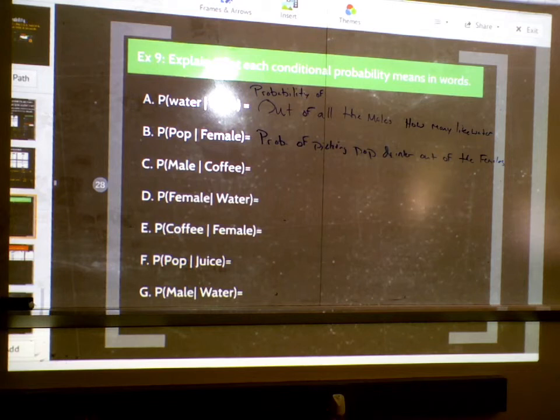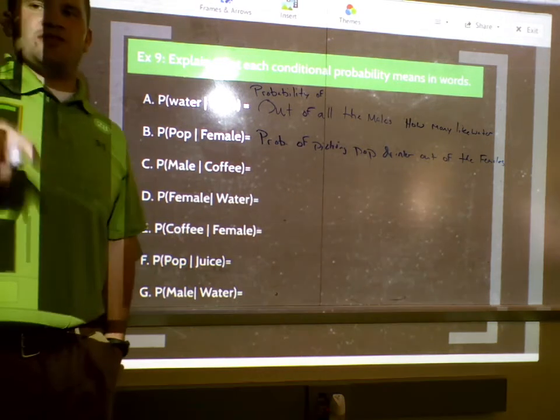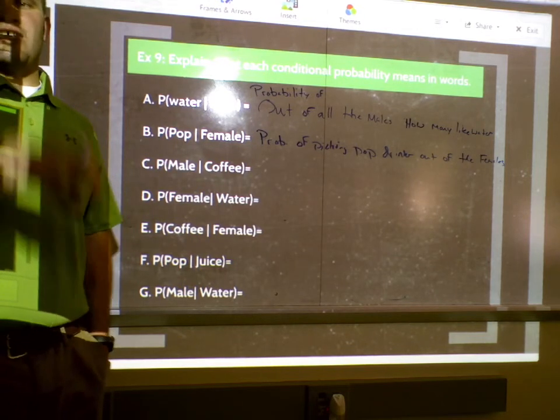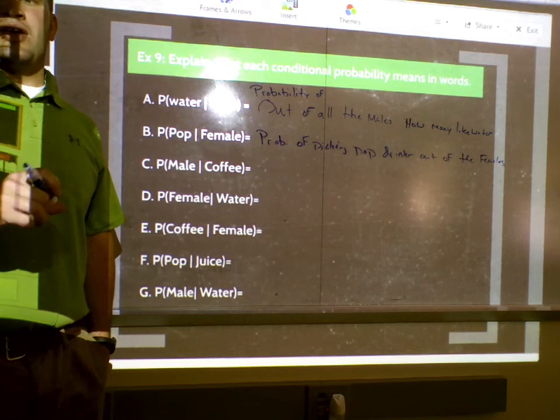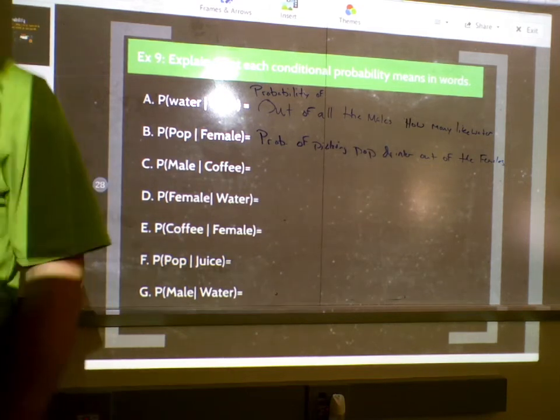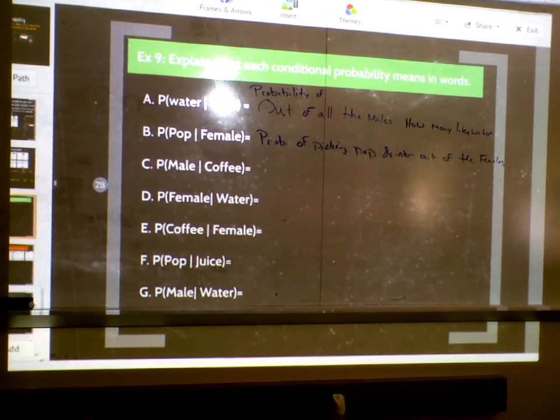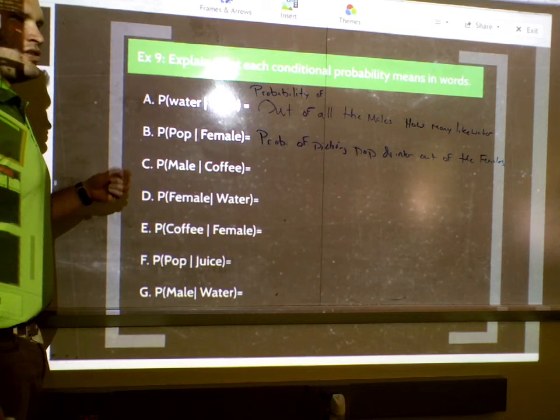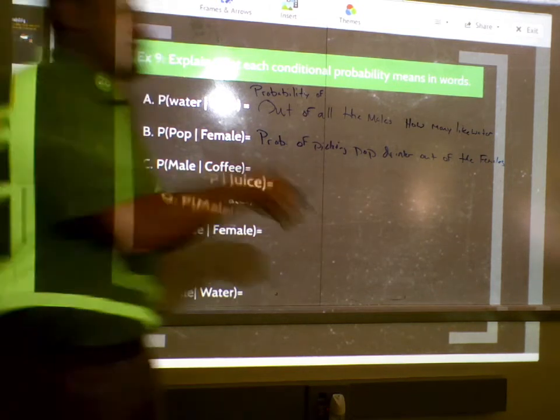All the females who like pop can be misconstrued as females and pop. So you have to clarify that you're just looking at the female population. You can say how many like pop, as long as you clarify that you're looking just at the female population.